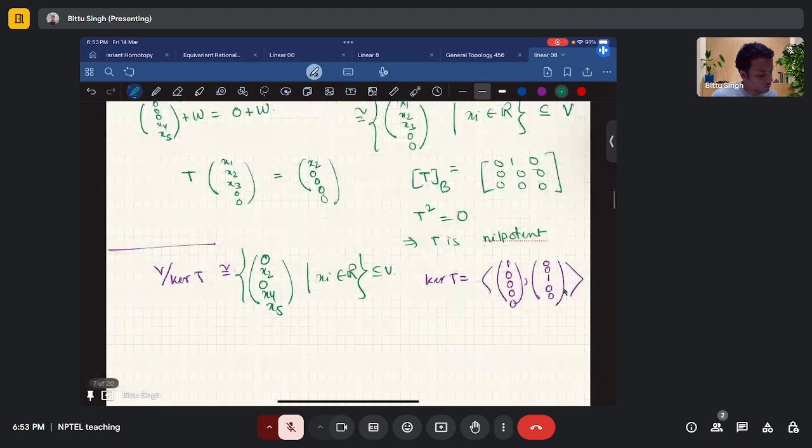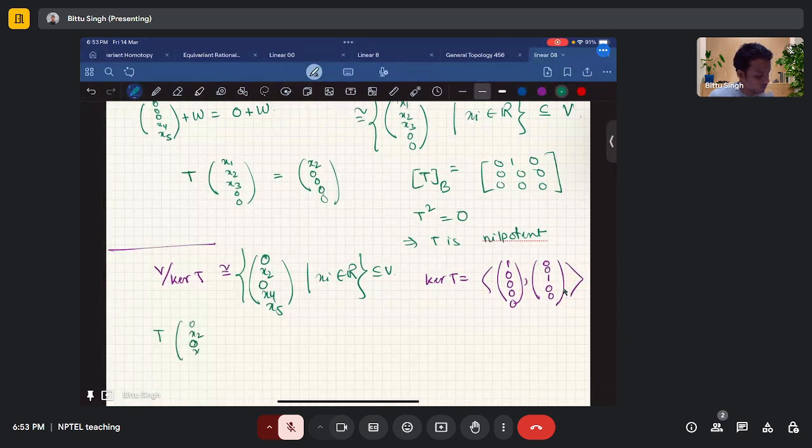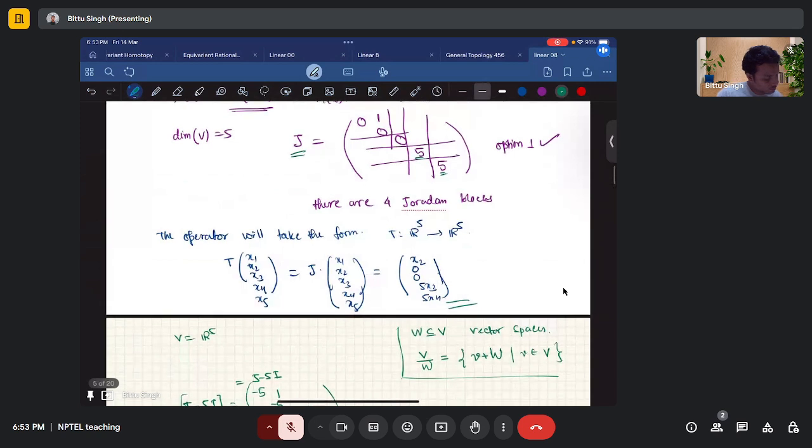Now, if we again apply T on this space, T applied on 0, x2, 0, x4, x5. Again we are taking x2, x4, x5, and we just remove x1, x3, right?